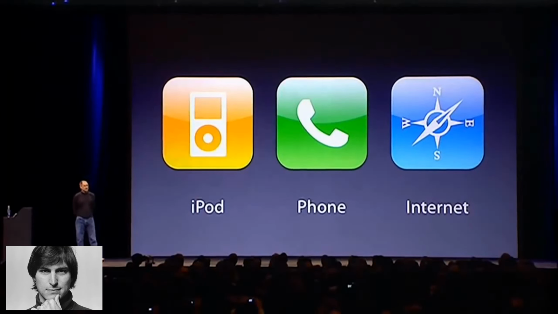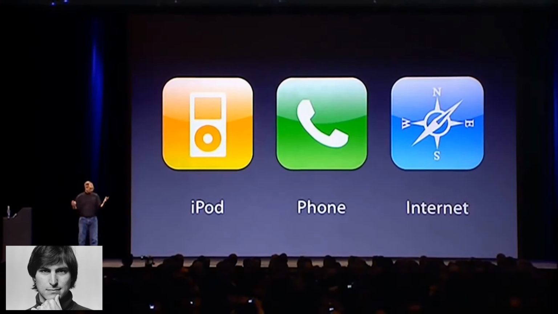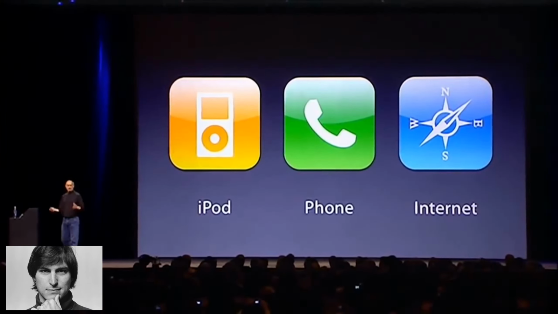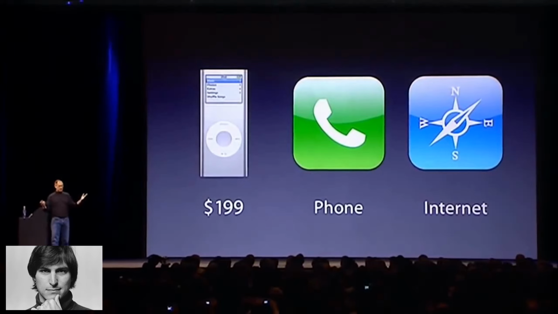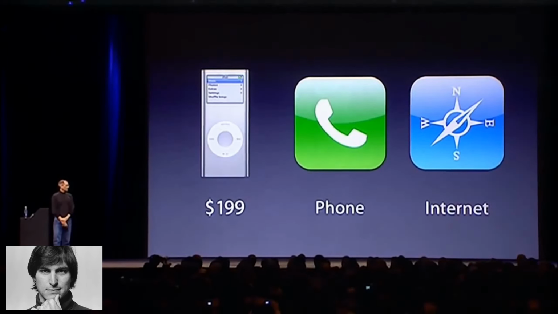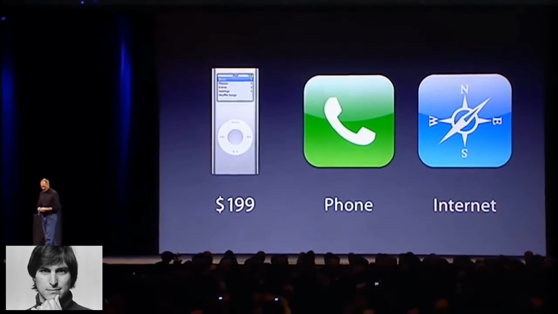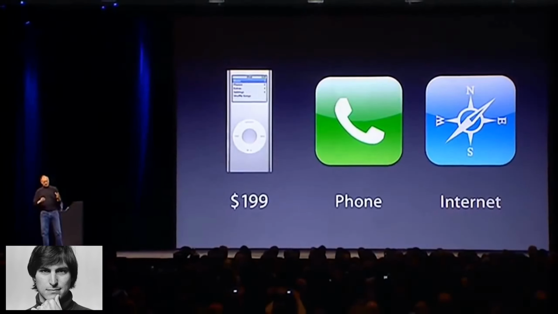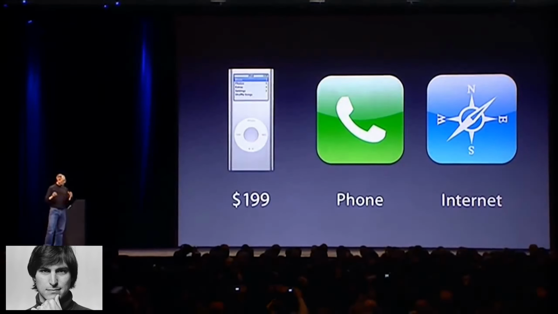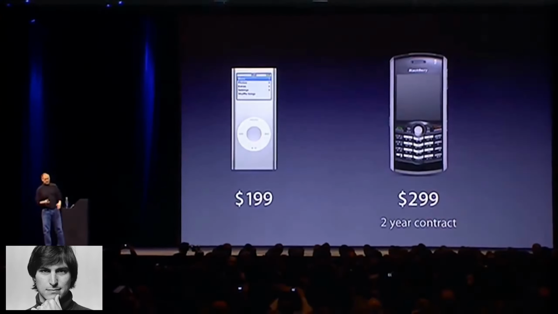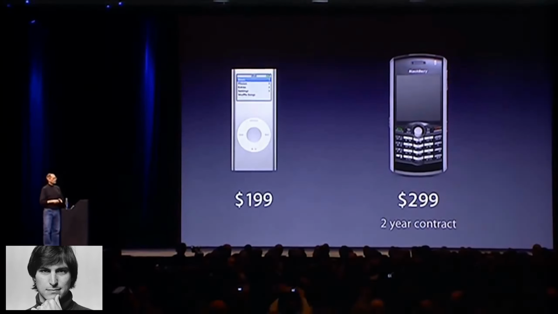So what should we price it at? Well, what do these things normally cost? An iPod, the most popular iPod, $199 for a 4 gig nano. What's a smartphone cost? Well, they say you get the phone and some of the internet with it, although that's questionable. But they cost somewhere around $299.